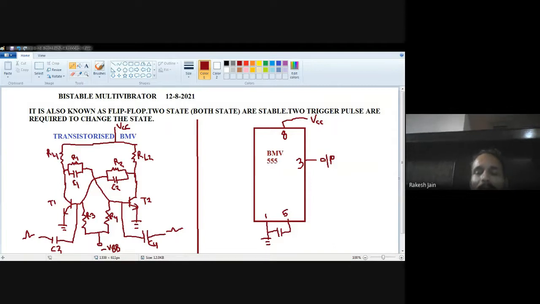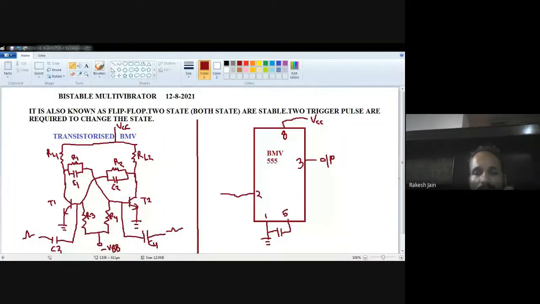Now see, there is no meaning to use the seventh number pin. Two trigger pulses are applied, because the trigger pin is the second number pin. So the first trigger pulse is directly applied via the power supply.